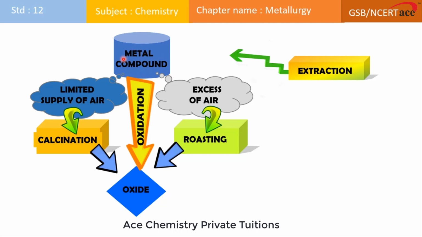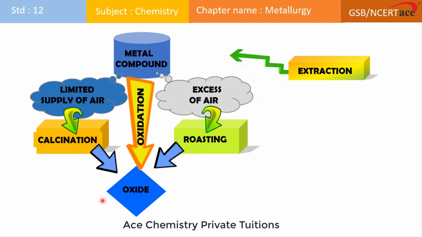If we heat the metal compound in the presence of atmospheric air, which acts as an oxidizing agent, it oxidizes the metal compounds to metal oxide. This is done by a process of calcination or roasting.